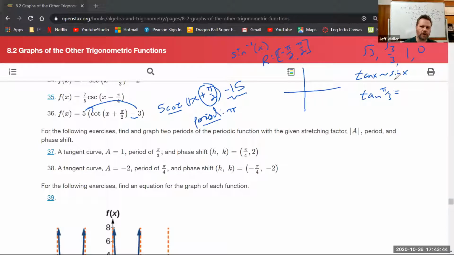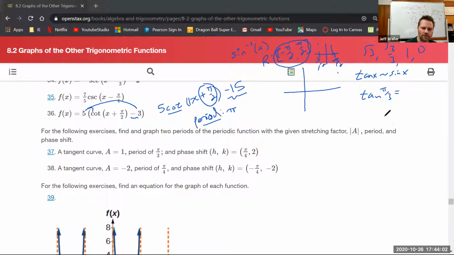So tangent follows sine. Notice how sine goes from -pi over 2 to pi over 2. Tangent goes from -pi over 2 to pi over 2. That's where tangent kind of lives, the core cycle of tangent.